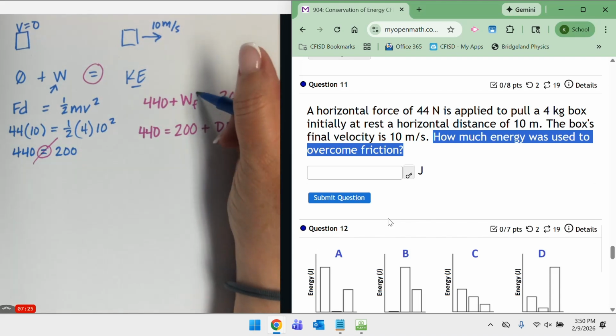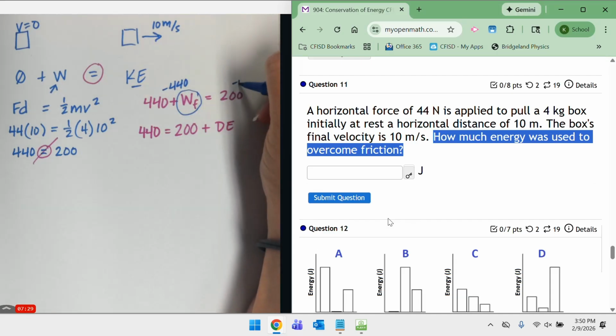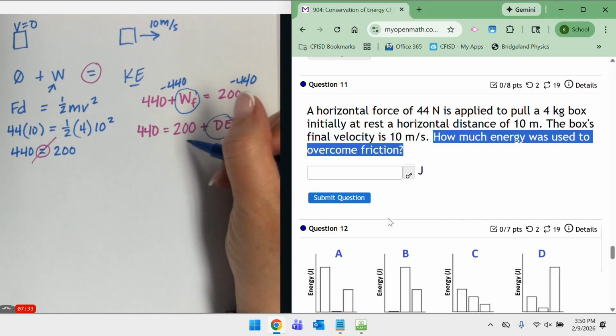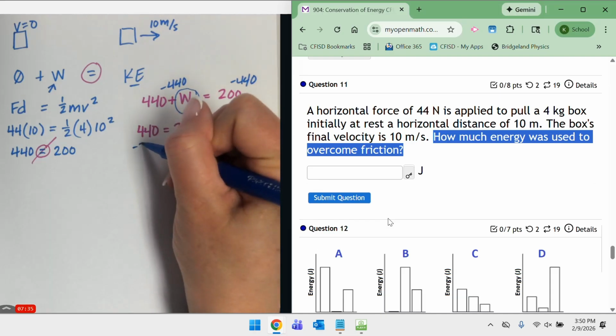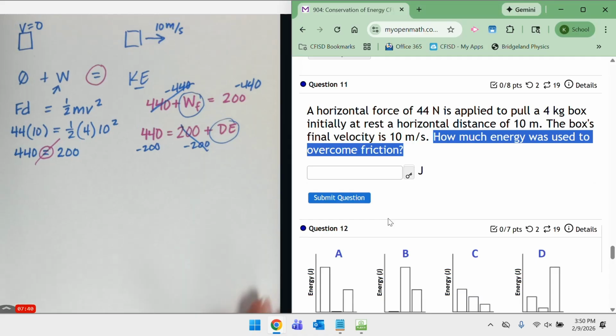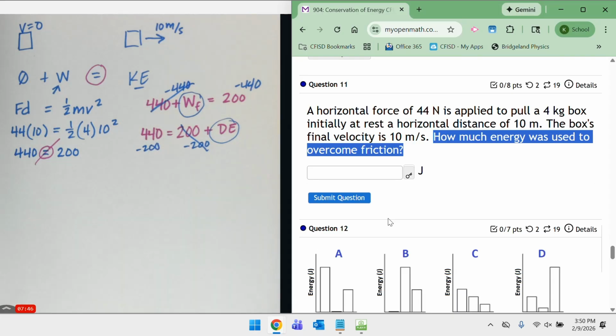Because if I want to solve for this, I have to subtract 440 from both sides. If I want to solve for this, I have to subtract 200 from both sides. And the only difference in the answers I'm going to get with these two approaches is the sign. This one is going to give me positive 240.